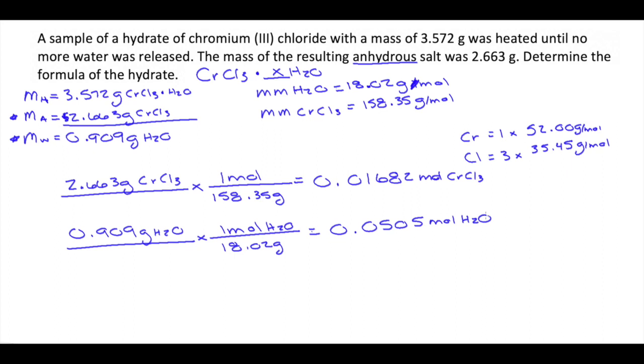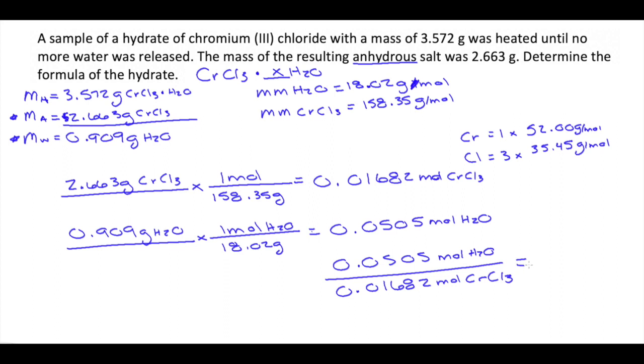So my end goal is to figure out how many water molecules for every unit of chromium 3 chloride. So my last step is to divide the moles of water by the moles of the anhydrate. In the hydrate calculations, just remember in that last step that water always goes on top. So 0.0505 moles of H2O divided by 0.01682 moles of chromium 3 chloride.